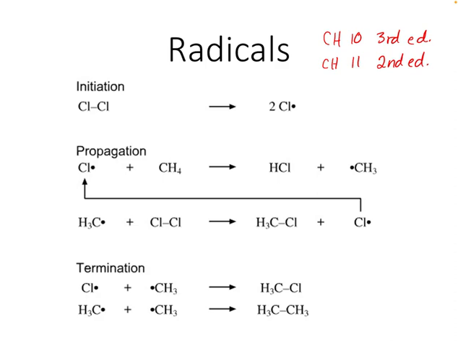But the main idea here is a radical, like this one shown, has one single unpaired electron somewhere on it. This could also be a molecule, like down below you see CH3 with a single electron on the carbon. So that signifies that there's one unpaired electron on the molecule or the atom.